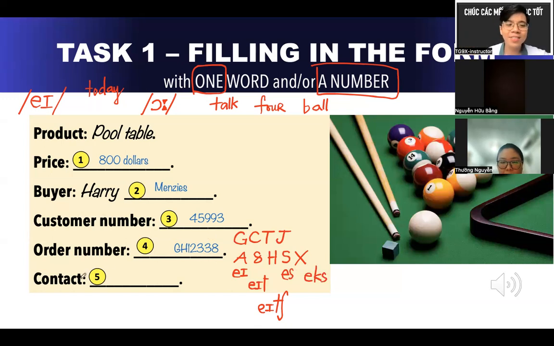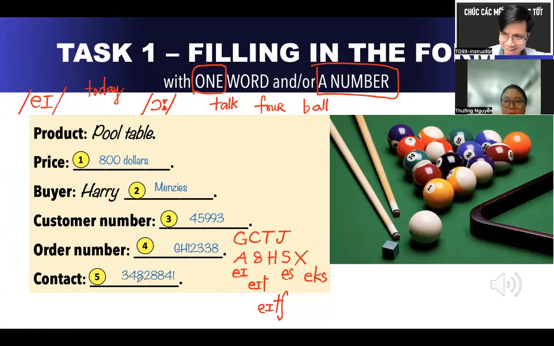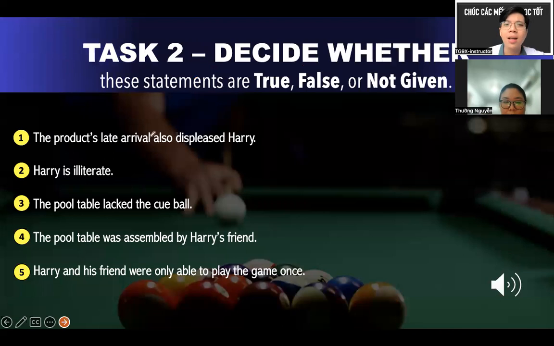What about the contact? 3, 4, A2, A1. Okay. Is it right? Yes. 348 28841. So I hope that you did have 5 correct answers. Now we go to a more challenging task because you need to listen and try to understand.